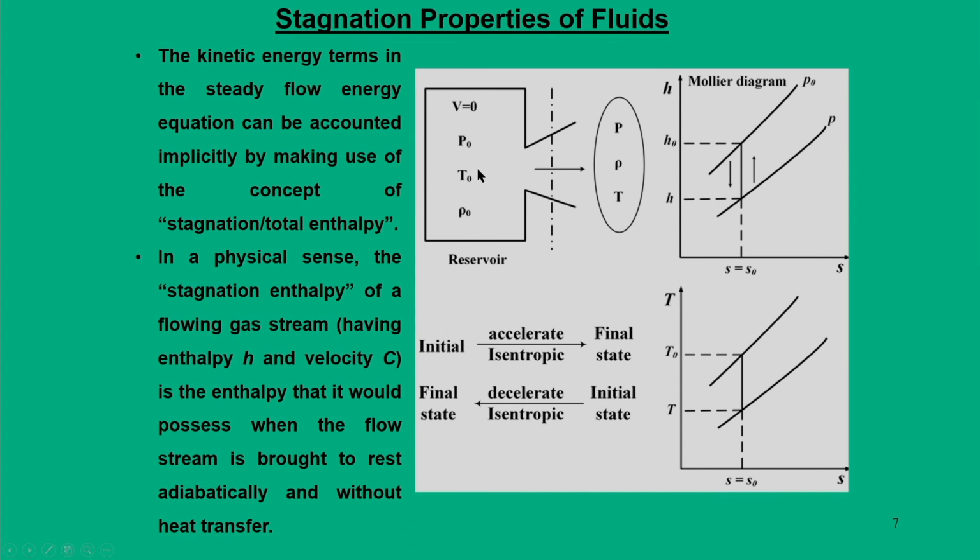From this reservoir, because it has constant total energy, by using a suitable diverging section, we can accelerate the flow. Or, in the other sense, when the flow is already accelerating, we can decelerate it in such a way that we bring it to rest adiabatically and without heat transfer.